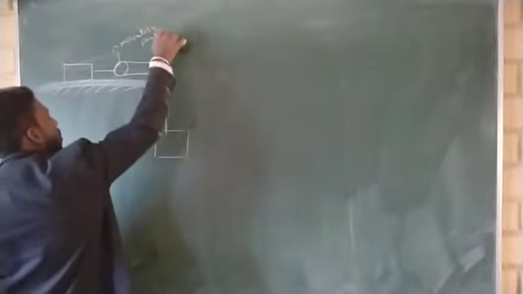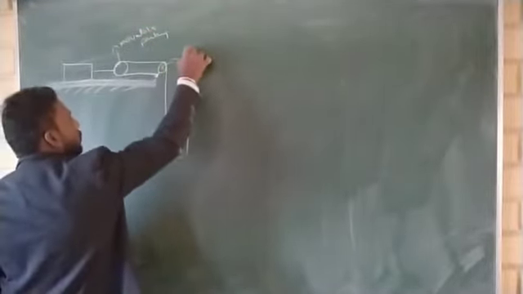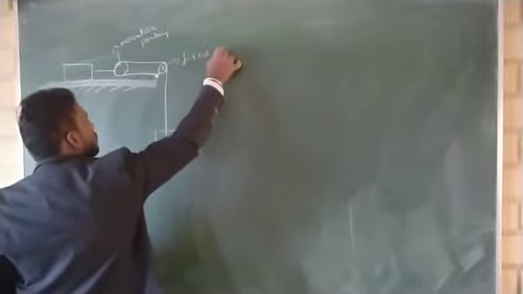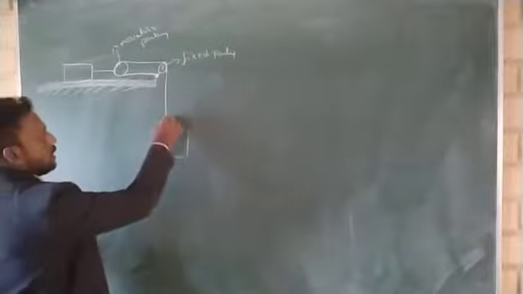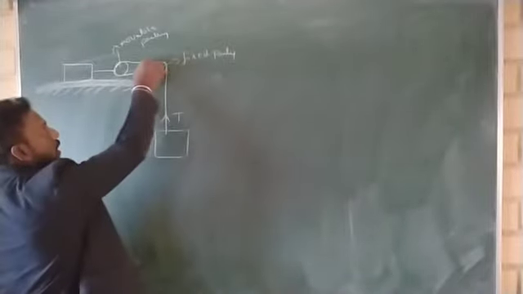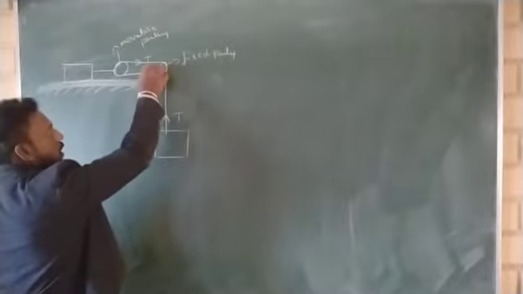This one is fixed and this one is movable. Movable pulley. And this is fixed pulley. And the tension in this string is T. Here also tension is T. Tension is T.